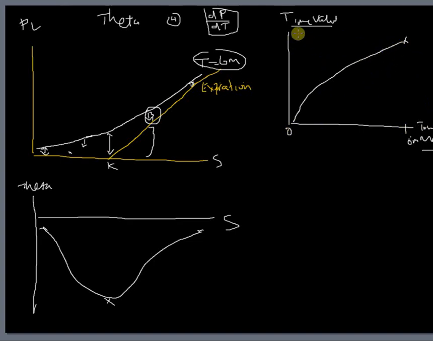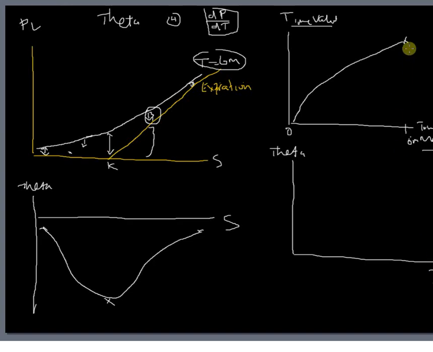Okay, so from this diagram we can see that if you want to obtain dP over dt, it's actually the gradient of the time value versus time to maturity graph. Okay, so let me draw the theta. So this is again the time to maturity.